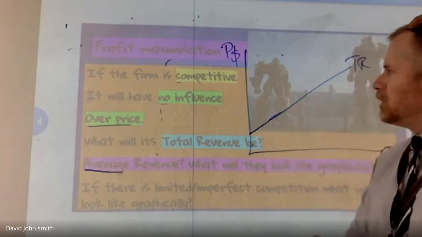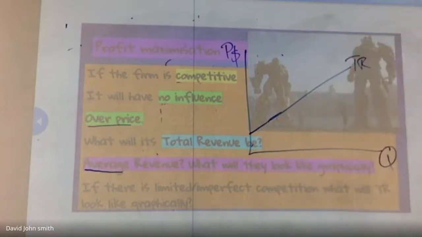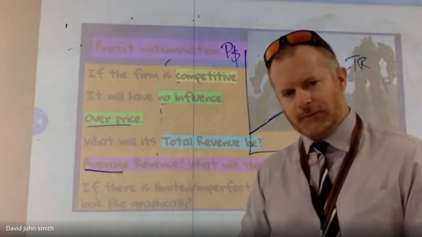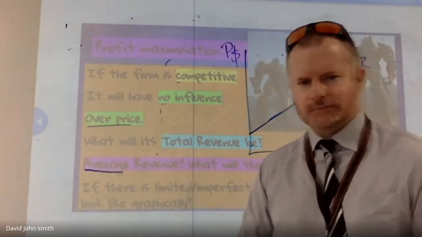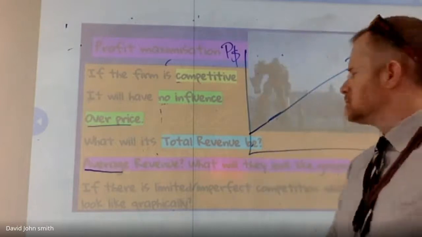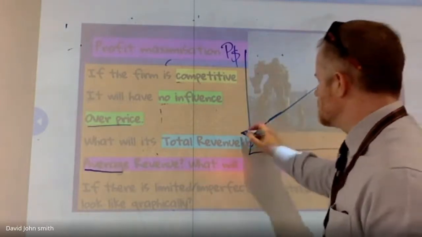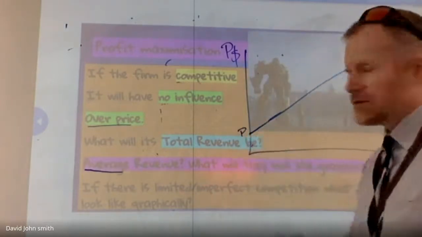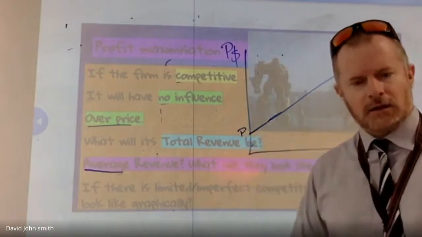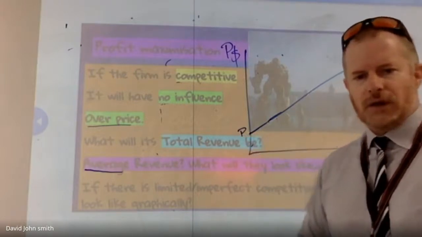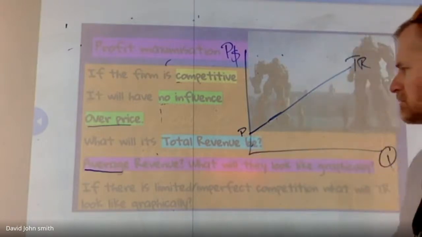Now, your average revenue. What's that going to look like? Essentially that's the price there, isn't it? Because it has to start there. So average revenue is then going to be what?